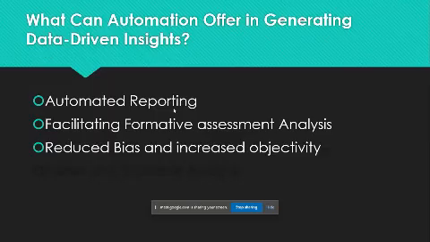So in the traditional classroom, when I'm grading my children, I can decide that I will give my favorite student a higher mark than my non-favorite student. But when we use automated assessment, it refrains from all that bias and it increases objectivity in how I grade the student, using consistent rules and algorithms in grading.